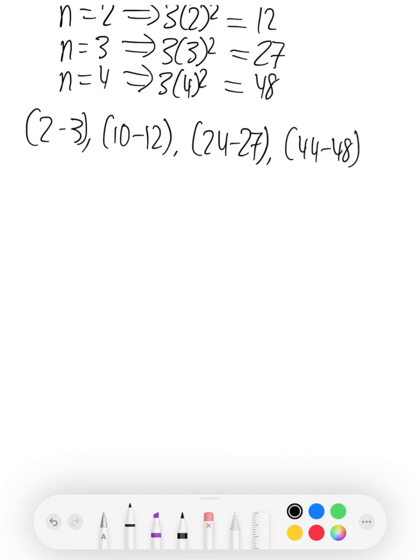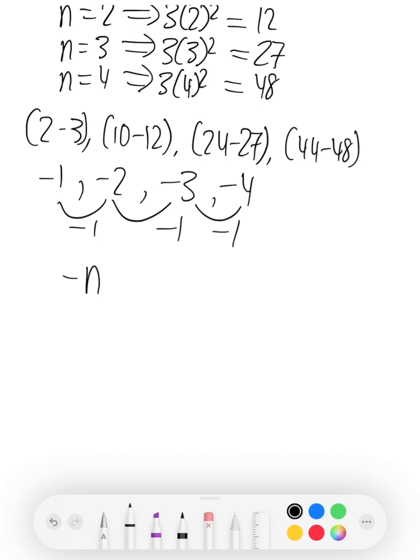So 2 minus 3 is -1. 10 minus 12 is a -2. 24 minus a 27 is a -3. 44 minus a 48 is a -4. Now what we're just going to do is find the common differences. So that's a -1, that's a -1, and that's a -1. So we've got -n. Now what happens when we add?